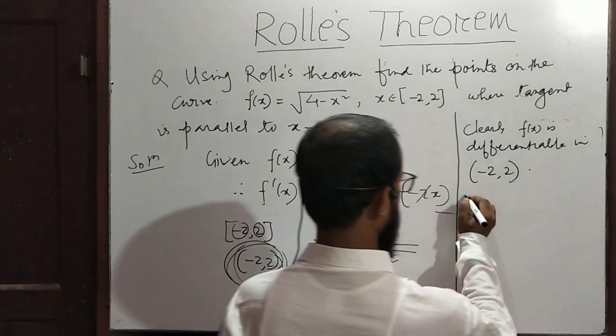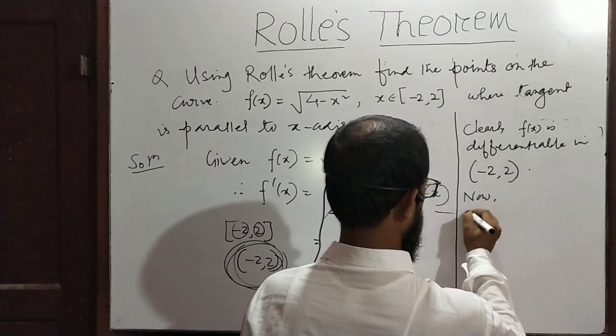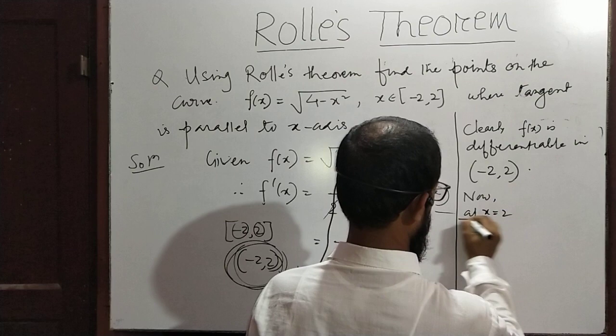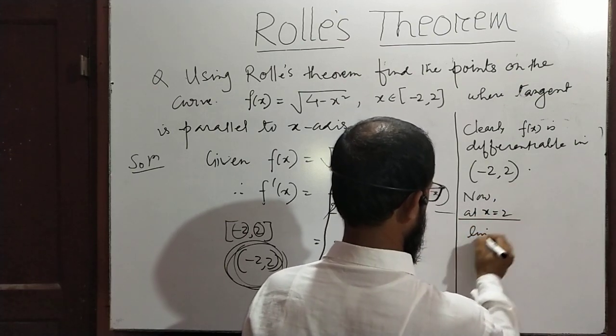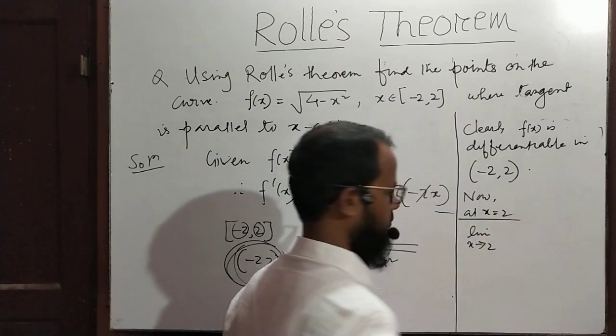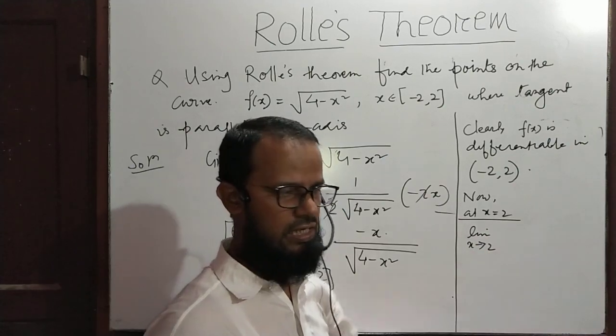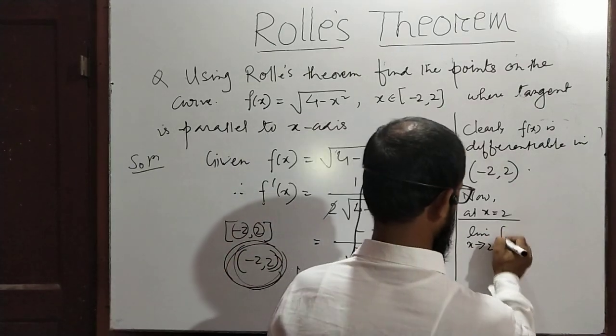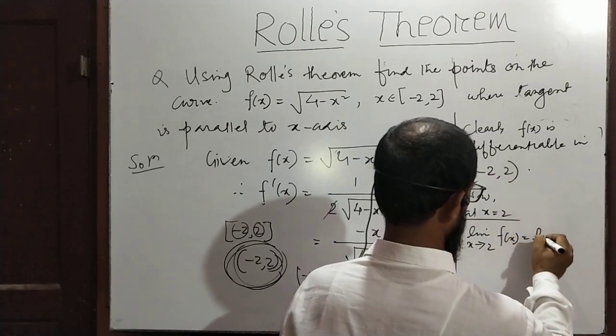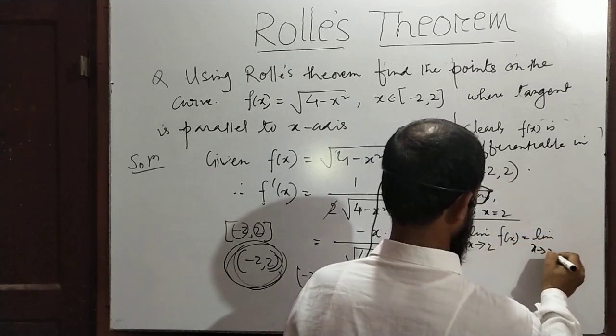Now at x is equal to 2, limit x tends to 2, I am taking the left hand limit and right hand limit together, is equal to limit x tends to 2 of f(x).